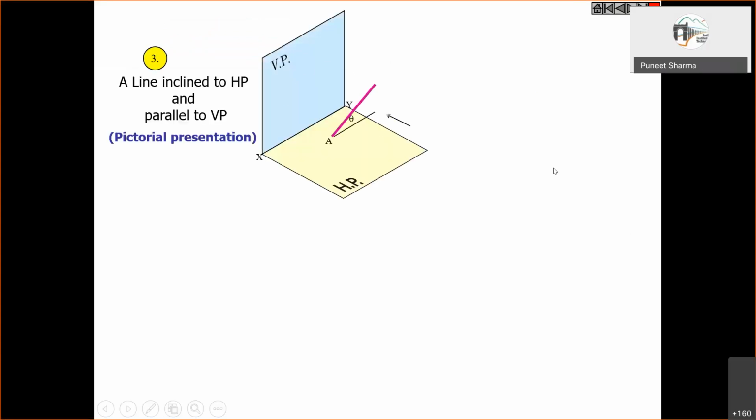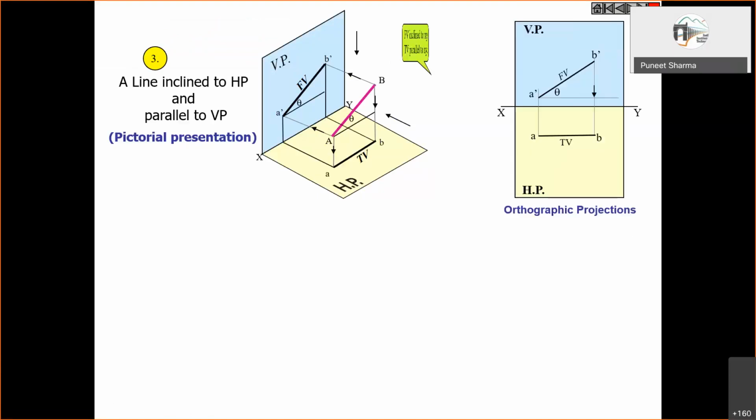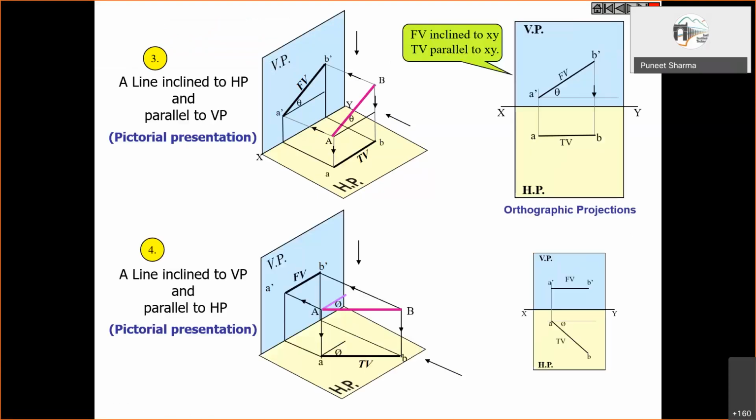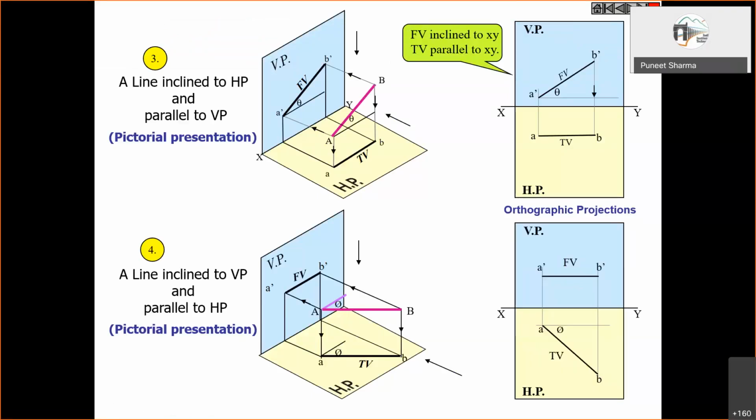So let us have a look at this screen again. Please try to visualize along with me. It's difficult, I don't have everything with some video available with me.